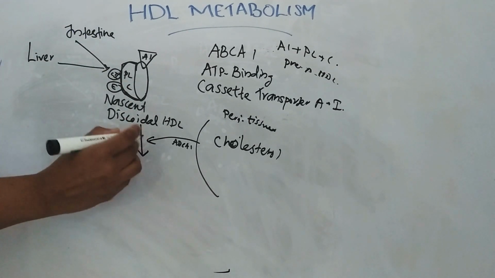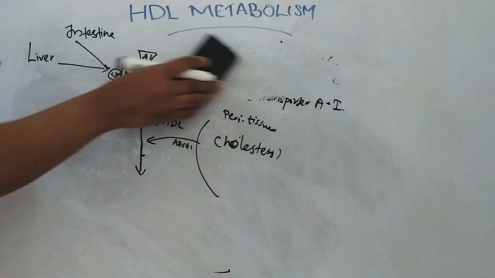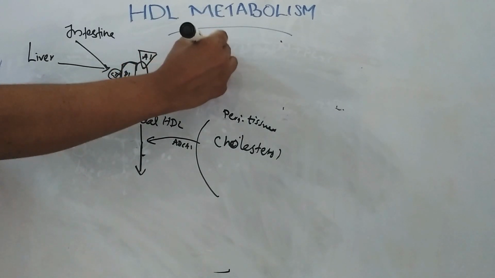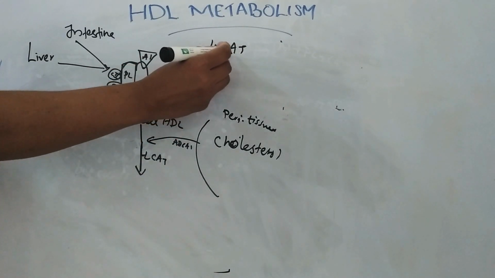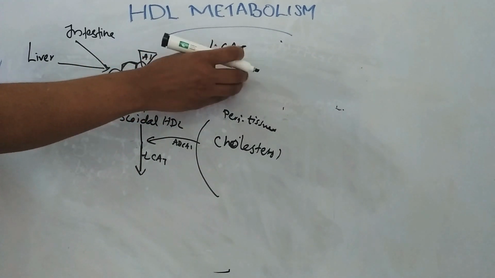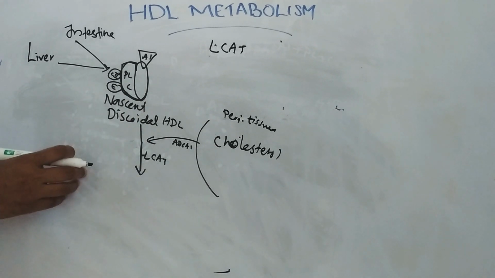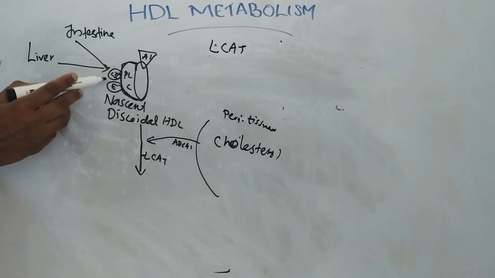At this time LCAT, that is lecithin cholesterol acyl transferase of plasma, binds with this nascent discoidal HDL, and this enzyme is activated by ApoA1 and ApoC2.